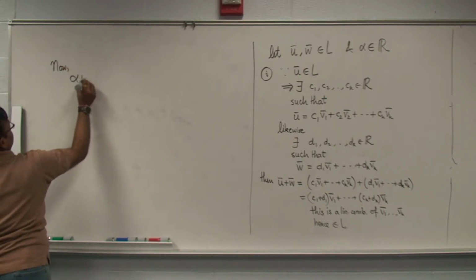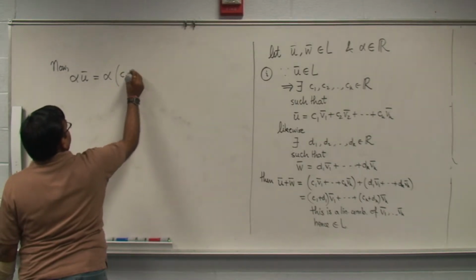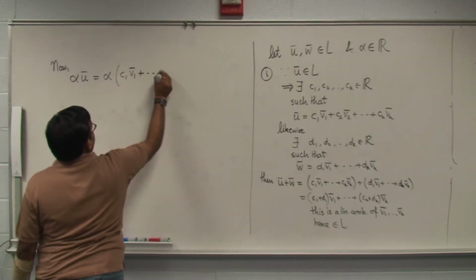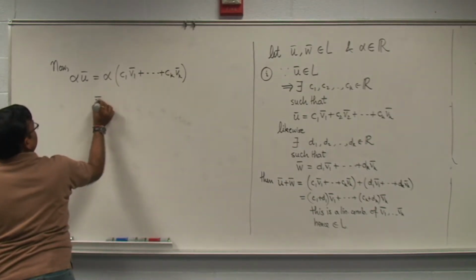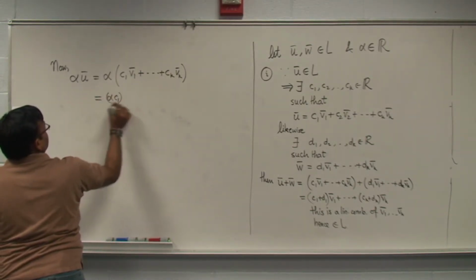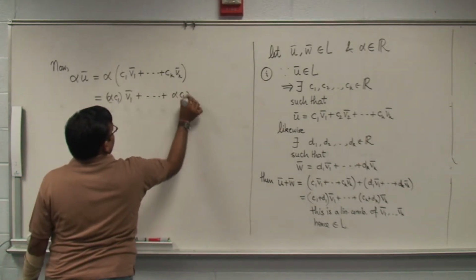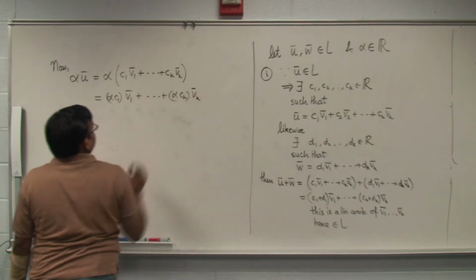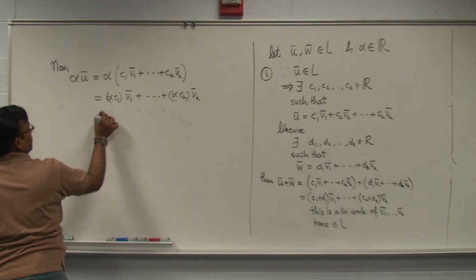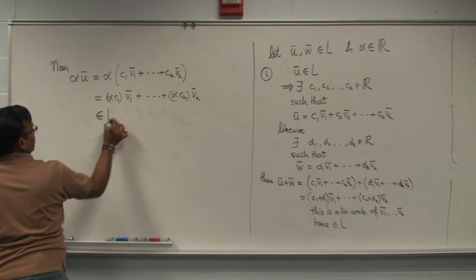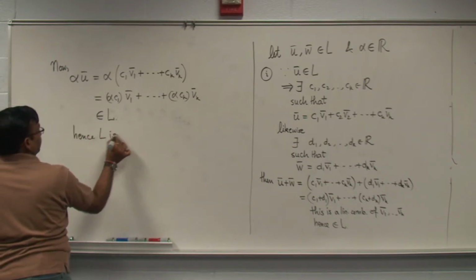So alpha times u is alpha times this linear combination, which is nothing but a linear combination, and as you can see, this is also a linear combination of the same vectors. So this definitely belongs to L. Hence, L is a subspace of V.